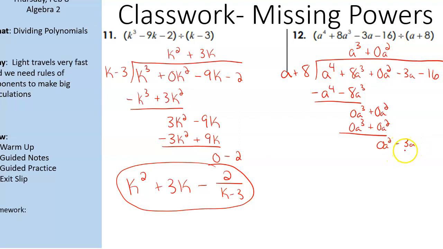and we say, okay, what times that goes into that is going to be 0a. So 0a times a is 0a squared. 0a times 8 is 0a. We bring down that. We have negative 3a still.